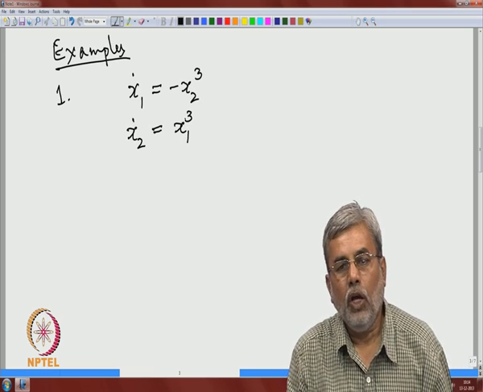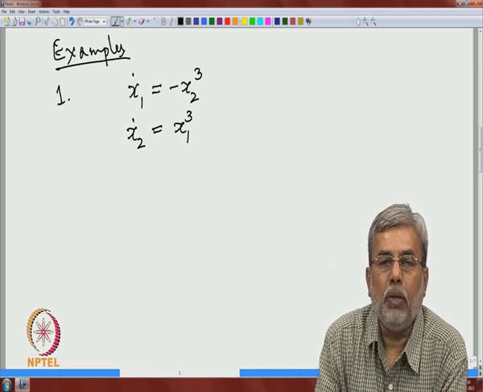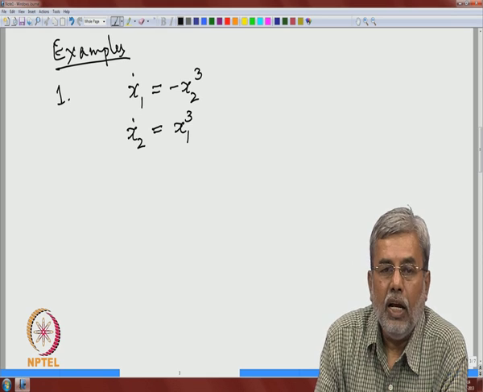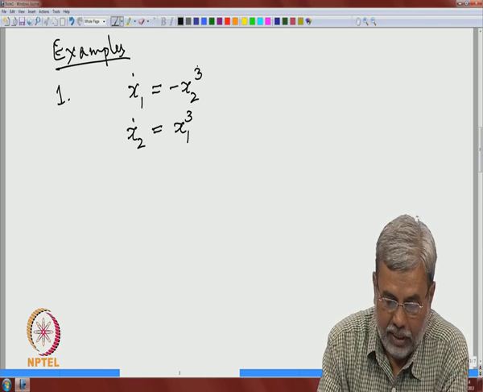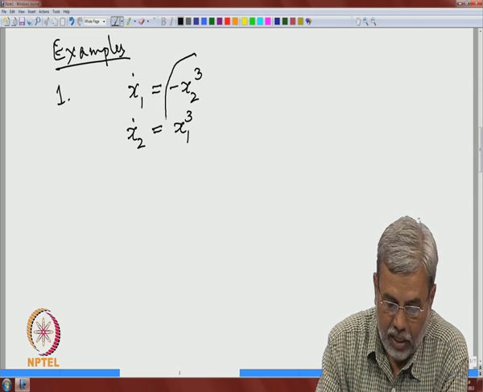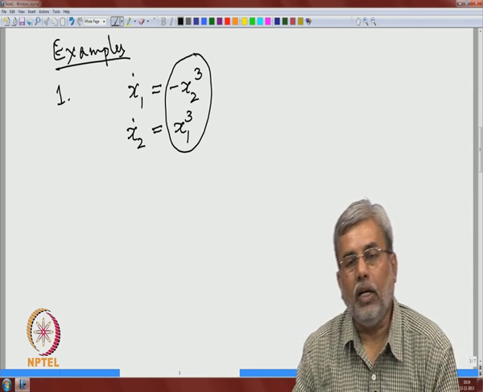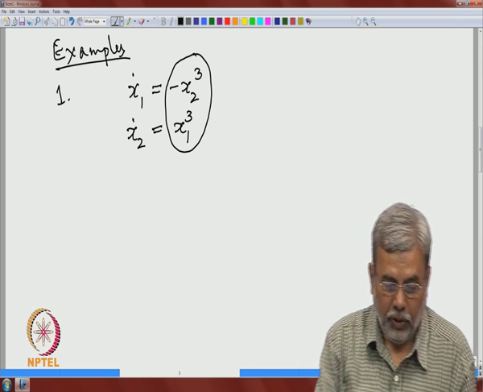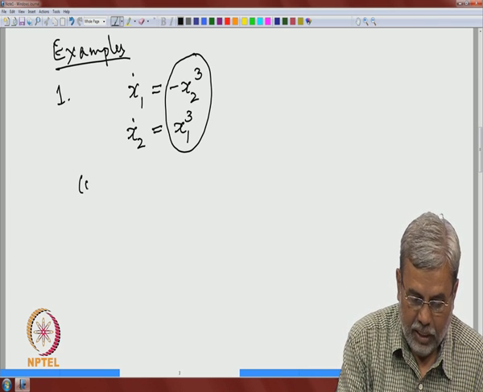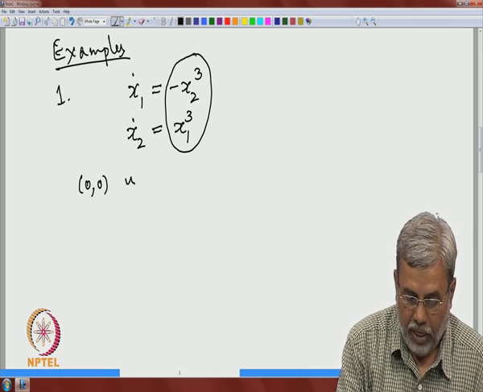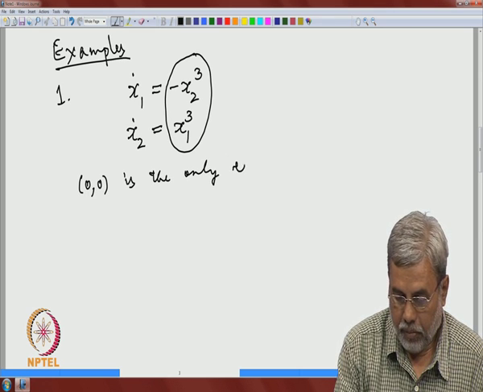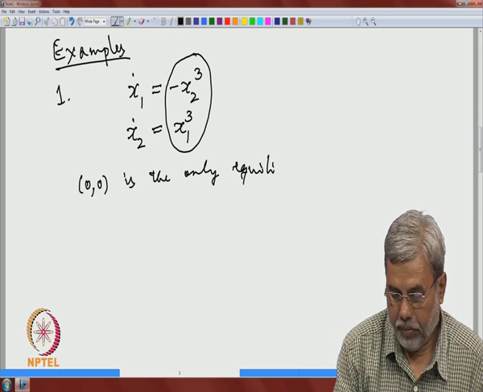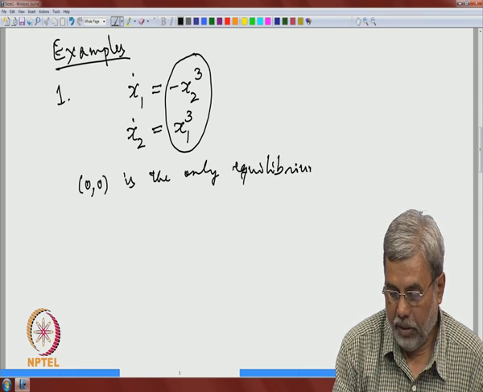It is very similar to the simple harmonic motion we have already considered, except that in the simple harmonic case these are linear, but here we have cubic nonlinearity. You can check easily that (0, 0) is the only equilibrium point of this system.